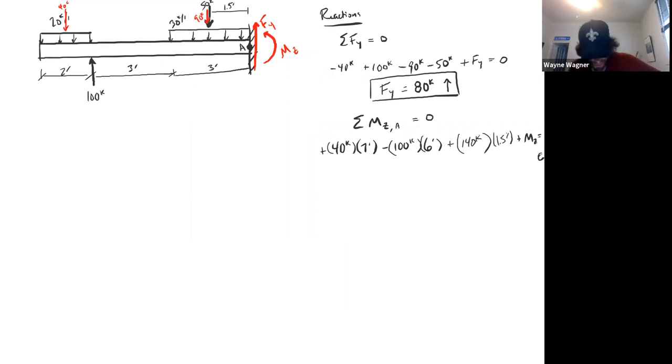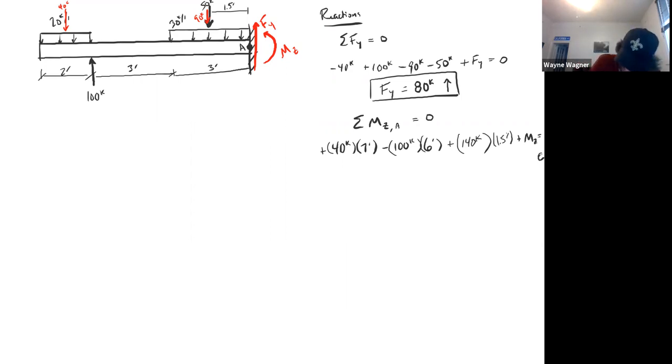Let's solve that. 40 times 7 is 280, minus 600, that's negative 320, plus 210, so it's negative 110.